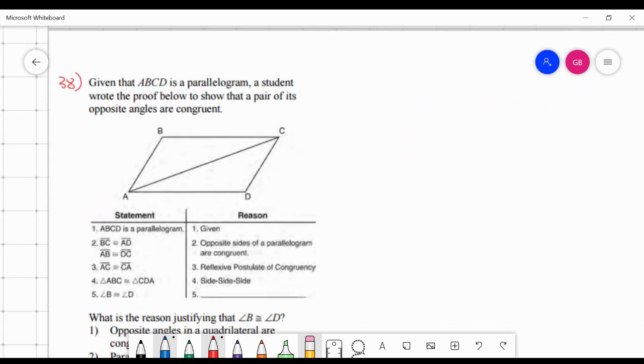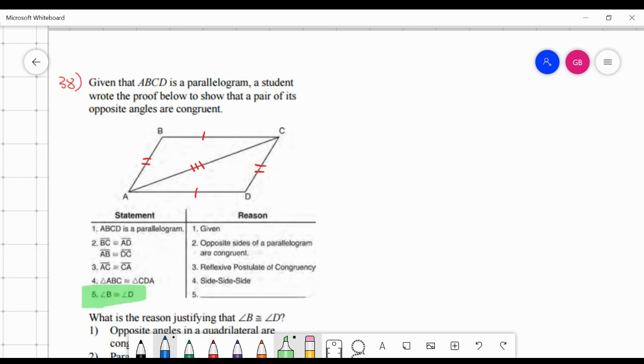38, some proofs. Given that ABCD is a parallelogram, a student wrote the proof below to show that a pair of its opposite angles are congruent. So we started with the given, and then BC is congruent to AD. We mark it. AB is congruent to DC, and then AC is congruent to CA, so the ones in the middle. So that means that the triangles are congruent by side, side, side.